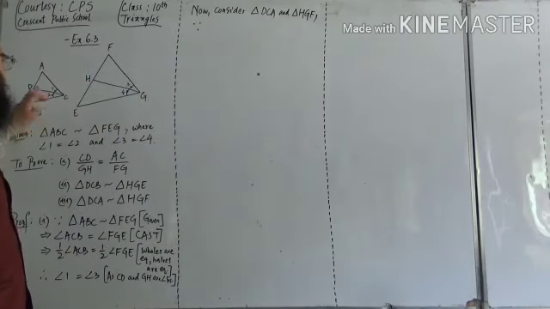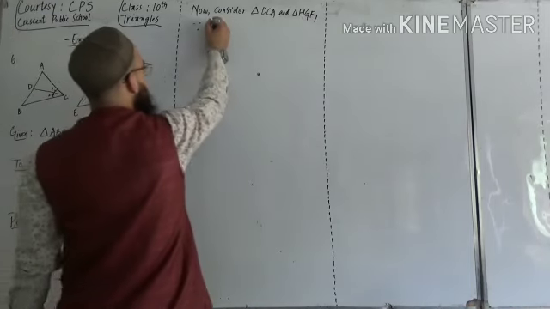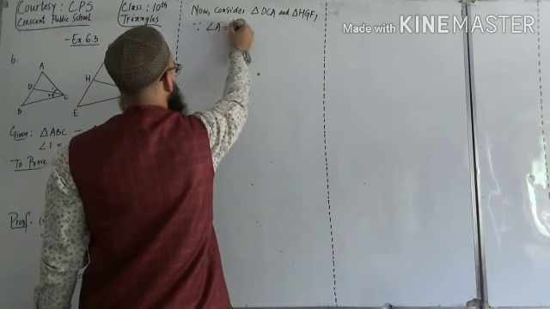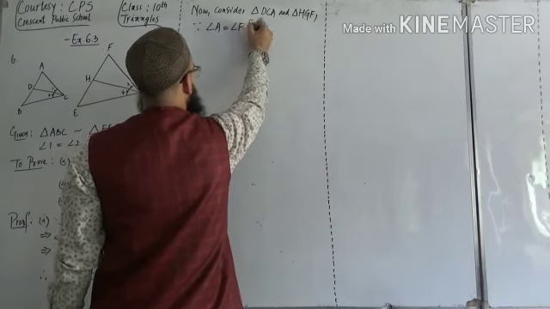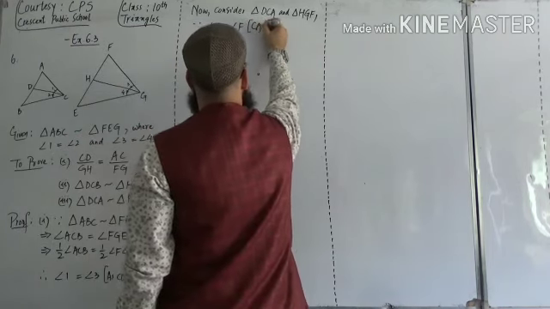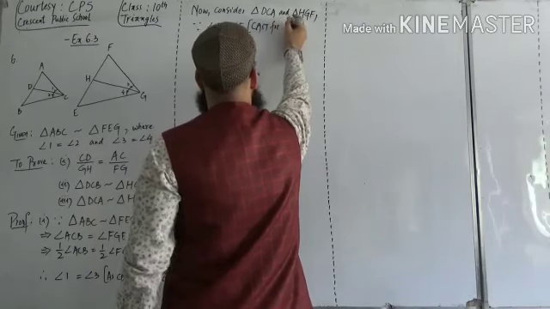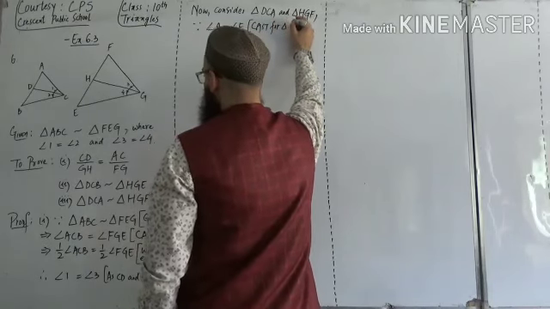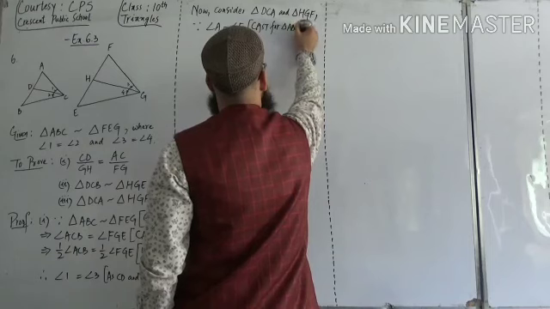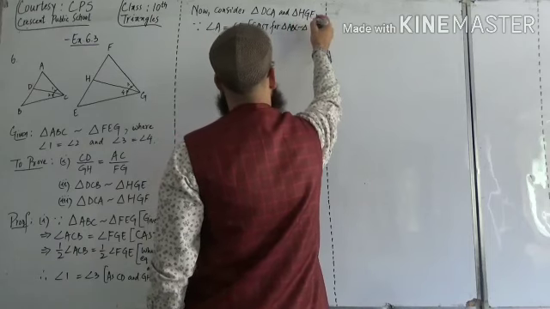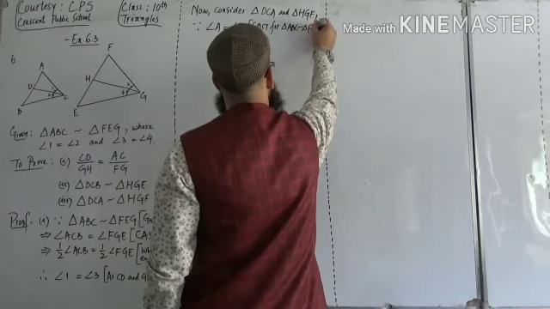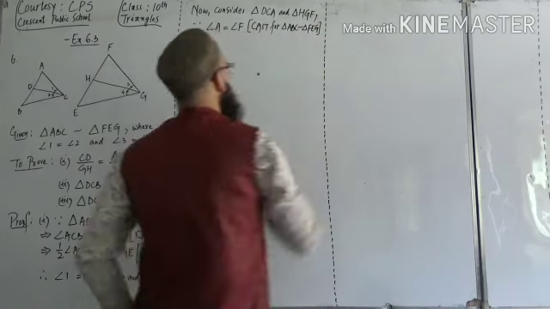What you observe here, since angle A is equal to angle F, by the AAA criterion, triangle ABC is similar to triangle FEG. What do we mean by that?